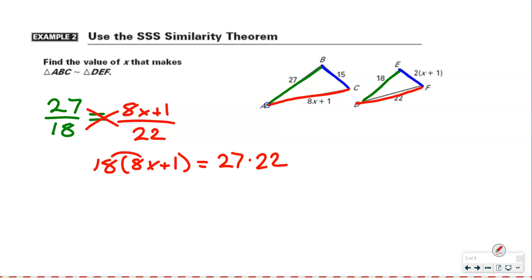So we'll distribute the 18. 18 times 8x is 144x plus 18. And then 27 times 22 gives us 594. Next, we want to work to get x by itself, so we'll subtract 18 from 594.